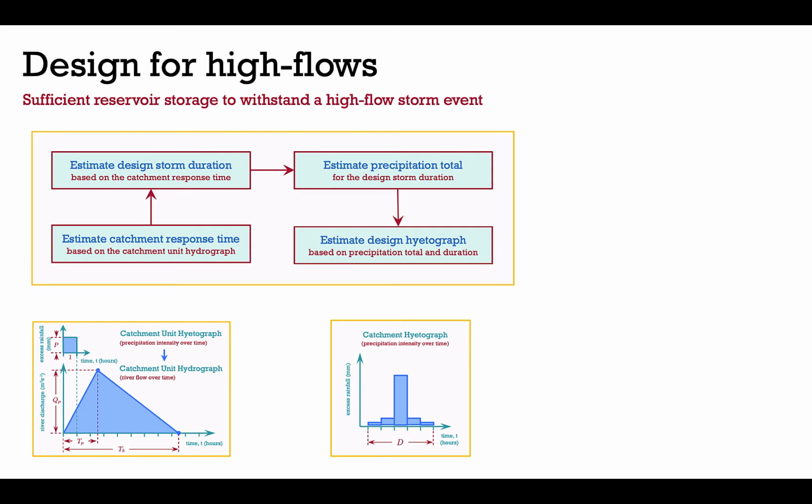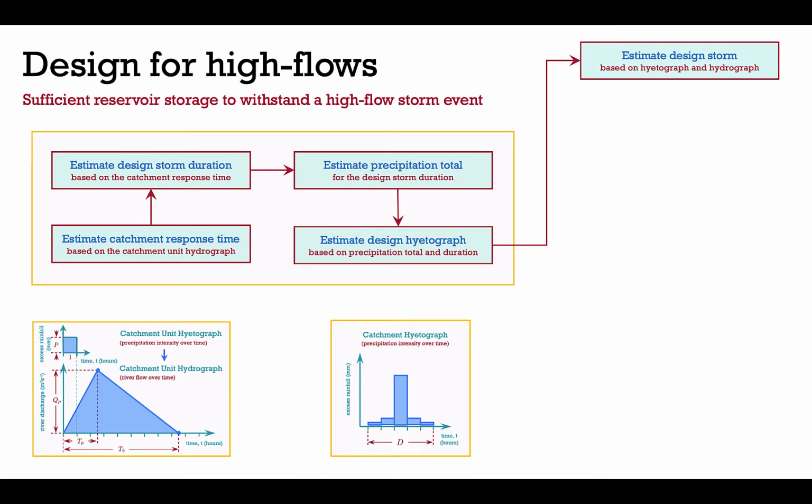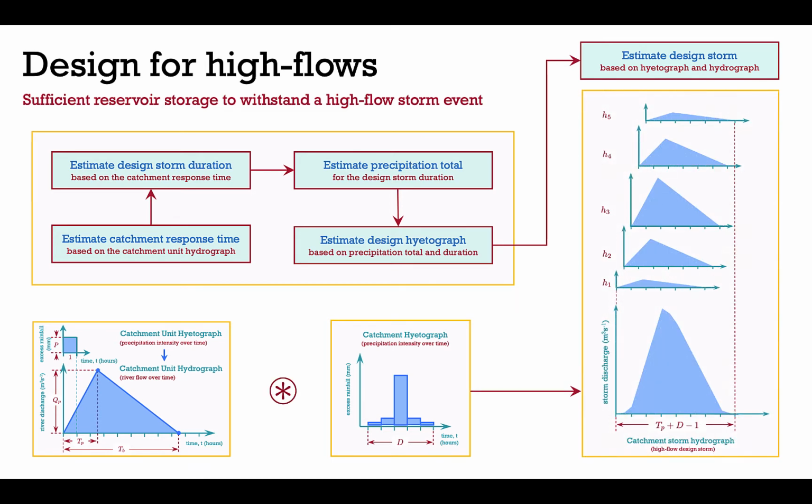The main part of the analysis is in doing these four operations, and then once we have our catchment unit hydrograph and our catchment hyetograph, we combine the two to produce our estimate of the design storm and its impact on the runoff from the catchment. And we do that by a convolution of those two tools.